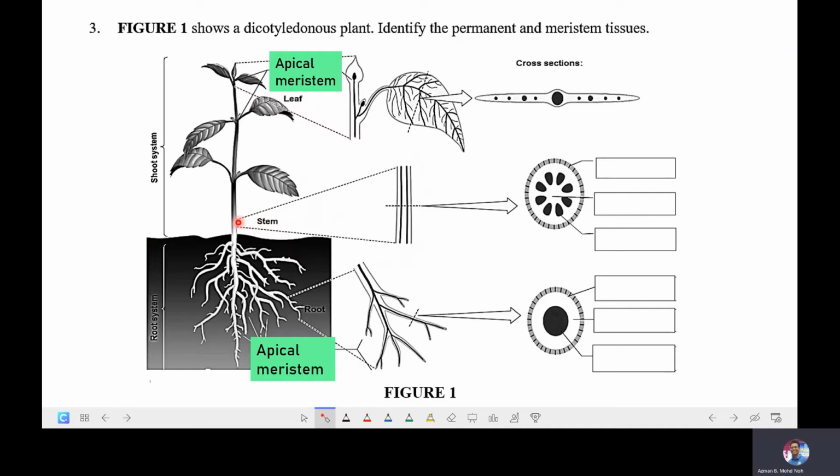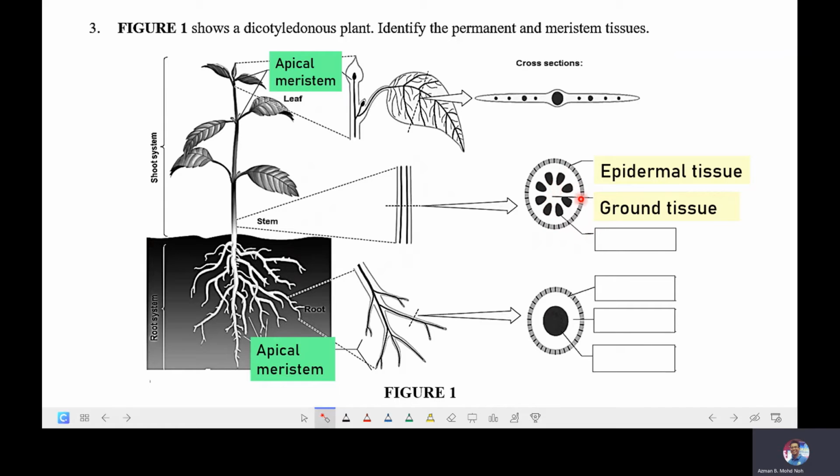Now if we look at this stem area, if we do a cross section, we will be seeing something like this. So what will be these tissues over here? The outermost layer should always be the epidermal tissue. Yang paling luar, the epidermal tissue. And filling up the internal parts of the plants will be the ground tissue.